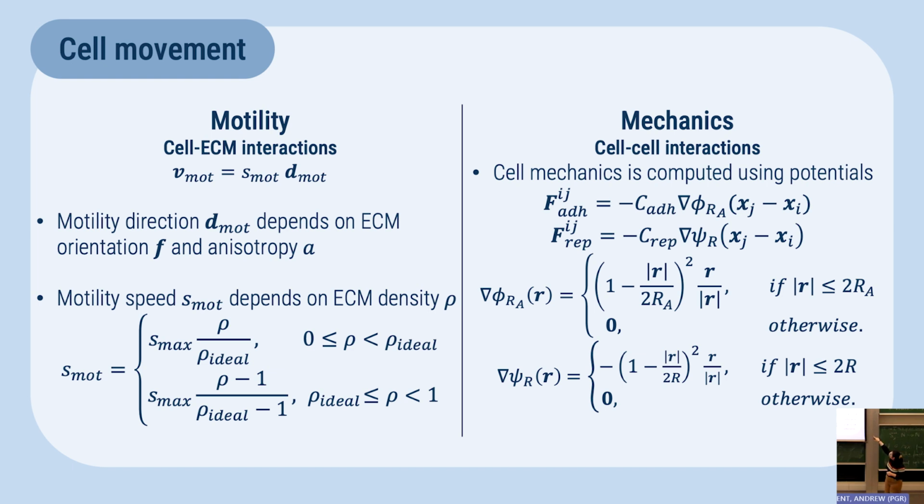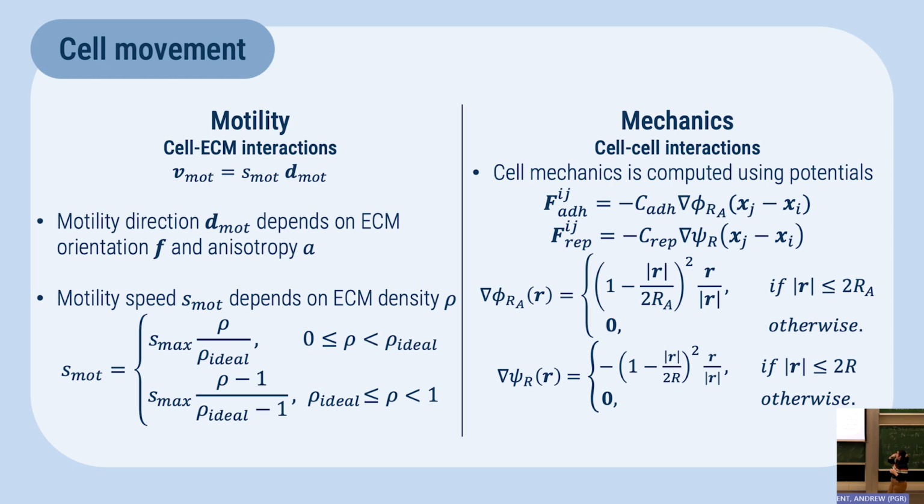In fact, the radius of interaction is RA, which is larger than the radius of the cells. The repulsion interaction is only when the cells are in contact, and it's not a proper force, it's just trying to mimic the space occupied by the cells.